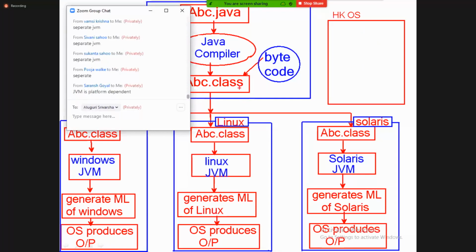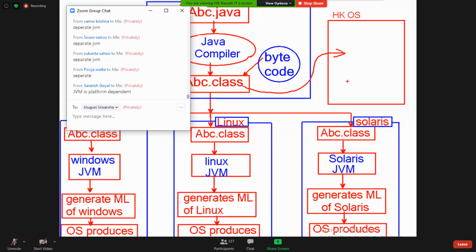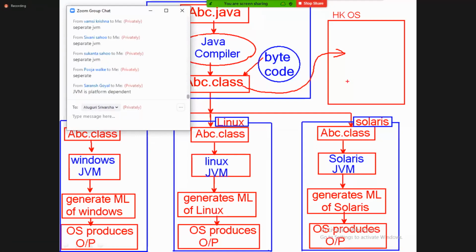Tell me, now in this HK operating system, is this abc.class file executed or not executed? Depends. Come on, everyone should answer. If you want to execute abc.class file bytecode, what do you need?